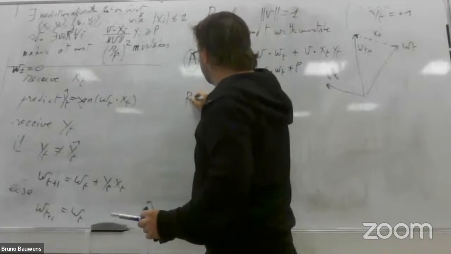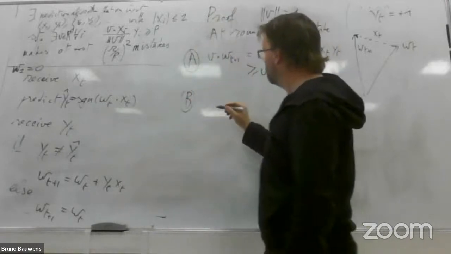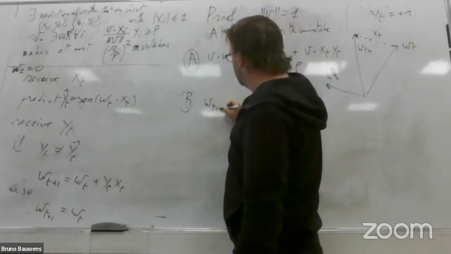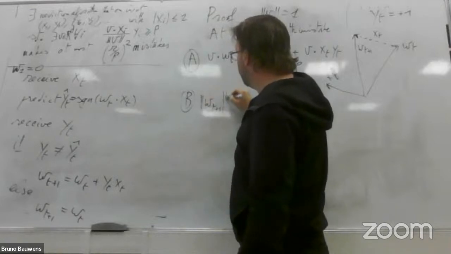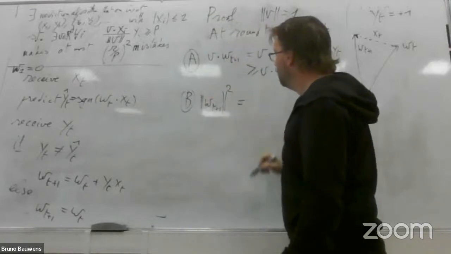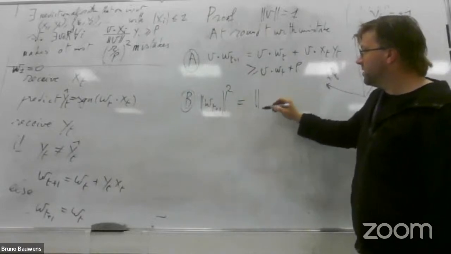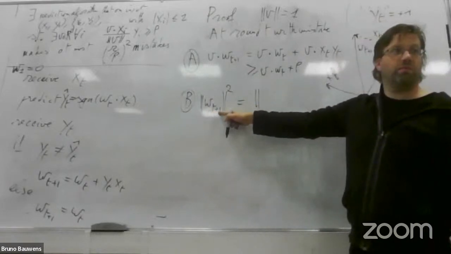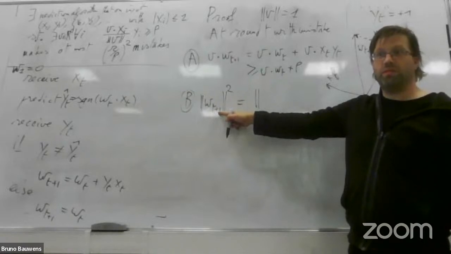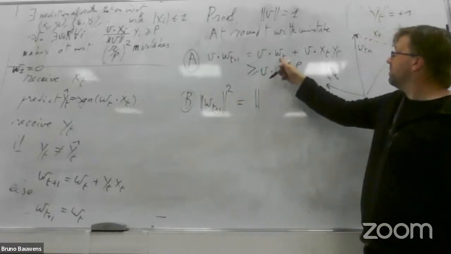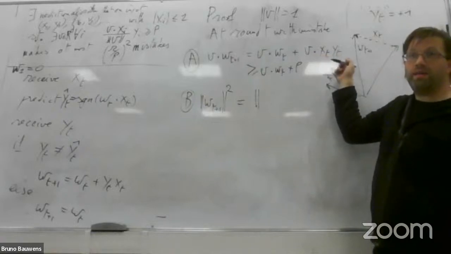So let us inspect the norm of Wt plus 1, the squared norm. Now some advanced algebra. We expand the definition of Wt plus 1: Wt plus xt yt.